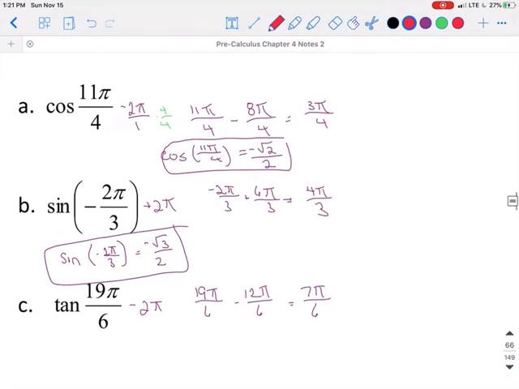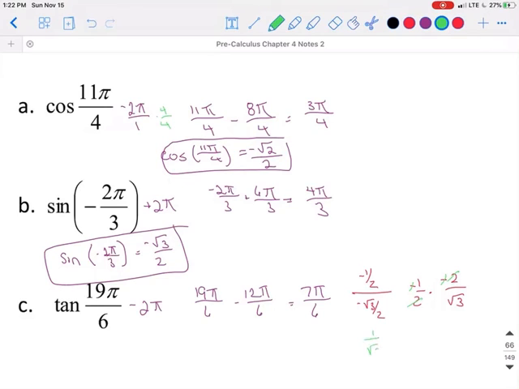So tangent is y over x. When you have a fraction over a fraction, remember you flip the second fraction and you multiply. The 2 on the bottom and the 2 on top will cancel. The negatives will cancel because we have a negative for both of them. We multiply those together to become positive.